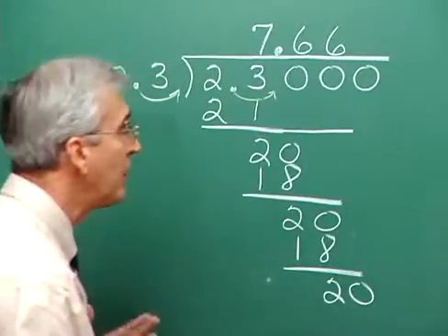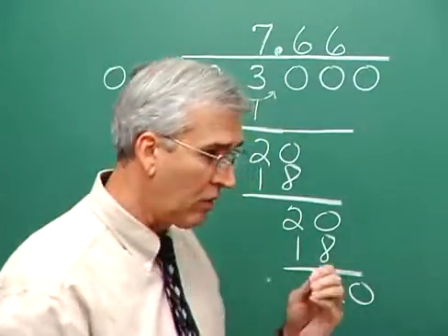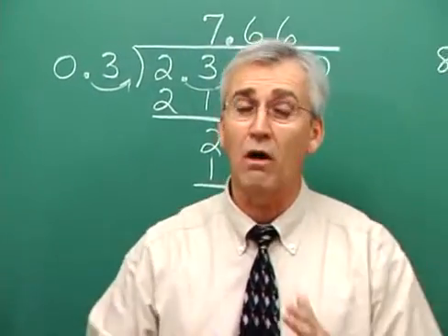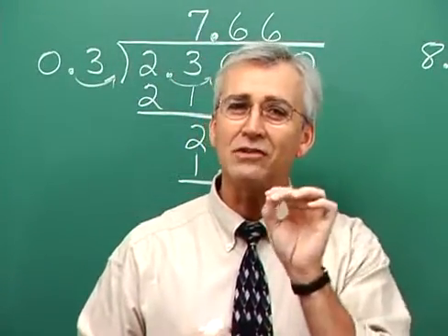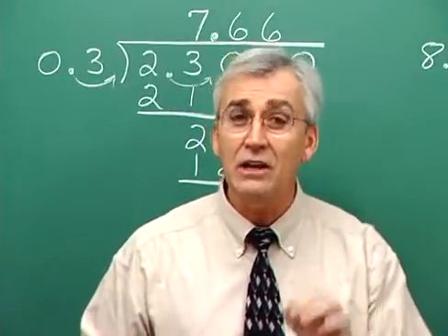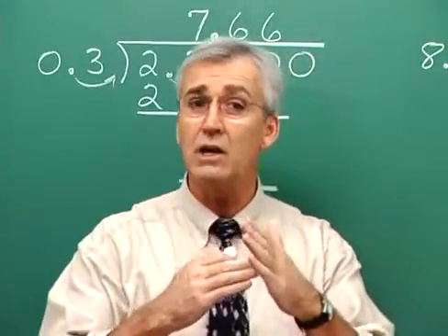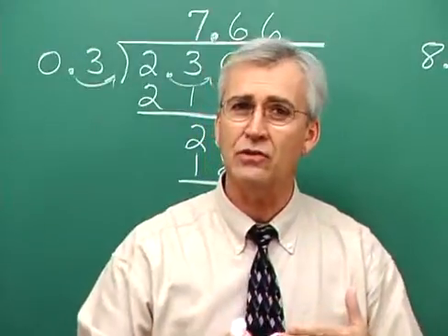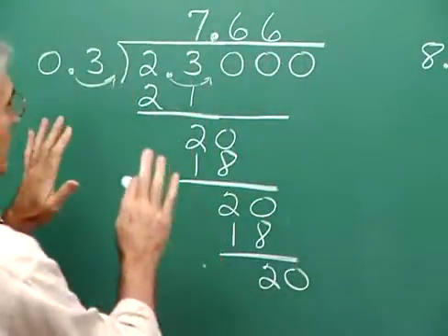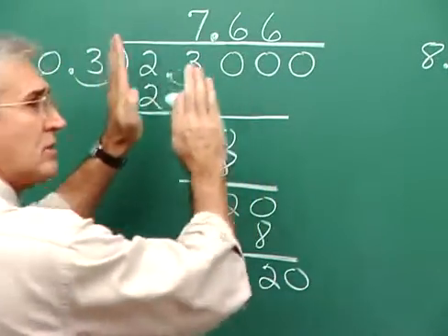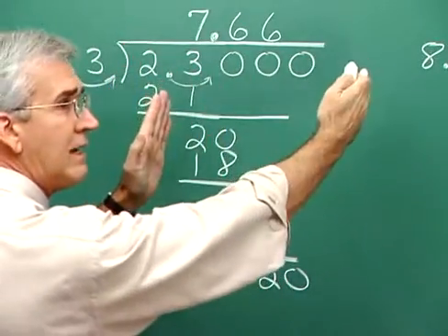In fact, I would go through it until I get tired, or until I run out of paper space, or until I get older, or whatever. But I have to decide when to stop. And usually you stop because you want to round the answer to a certain amount of accuracy. Now, the process of rounding involves looking at the next digit.